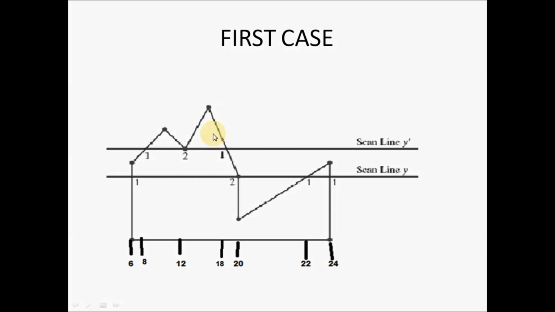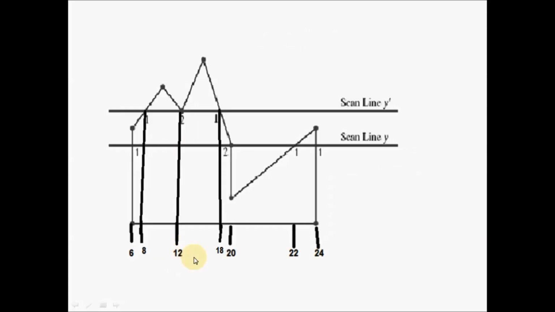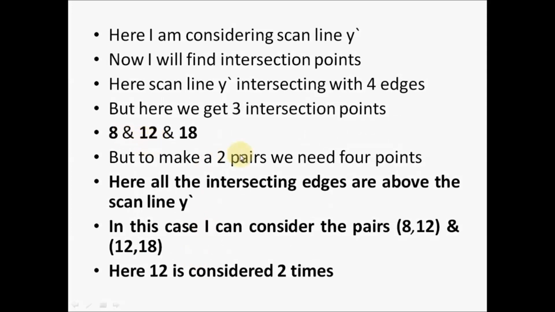That's why in this case, one thing you can observe, all the edges are above the scan line. So I'm going to consider 12 one more time. My points are 8, 12 and 12, 18. I consider 12 one more time when all the intersecting edges are above the scan line and the number of edges is even. 2 times I considered 12.